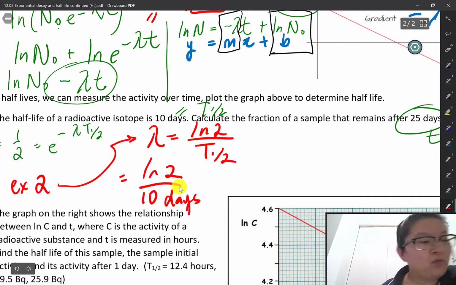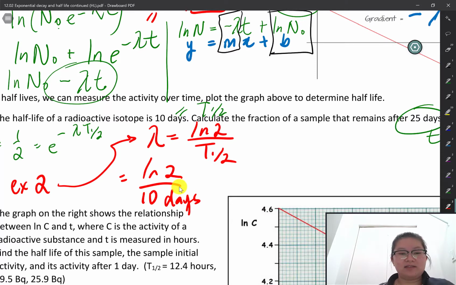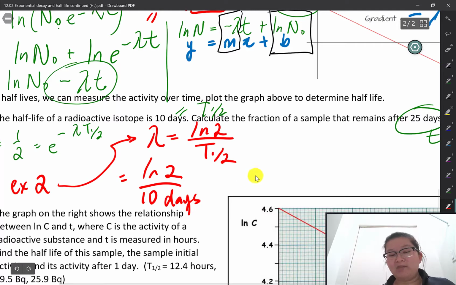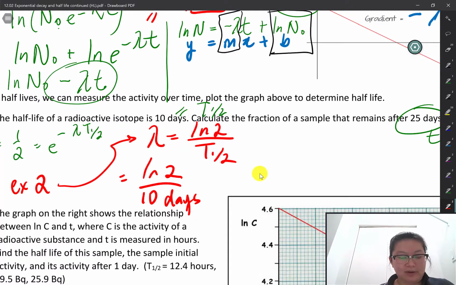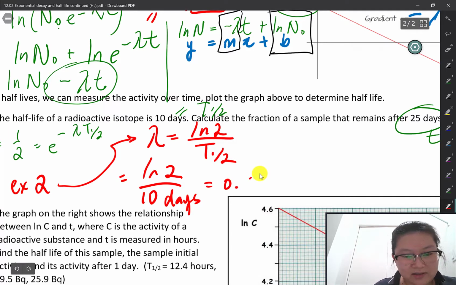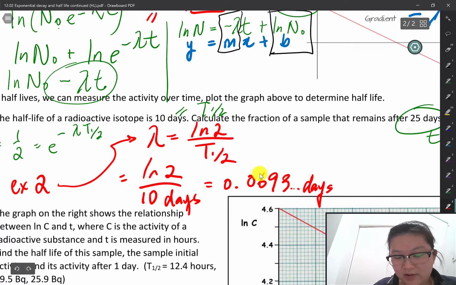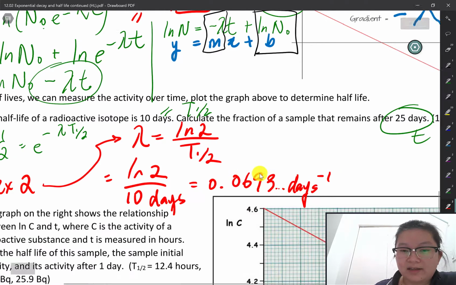And you don't have to worry about converting 10 days to seconds because your decay constant will be whatever number days to the power of negative 1. So ln 2 divided by 10 is going to give us 0.0693 and this is going to be days to the power of negative 1, okay, per day.